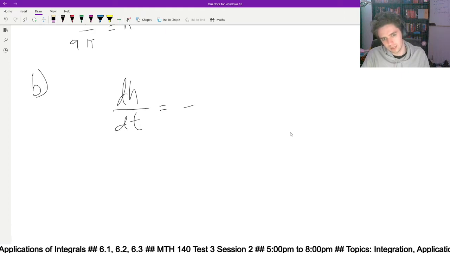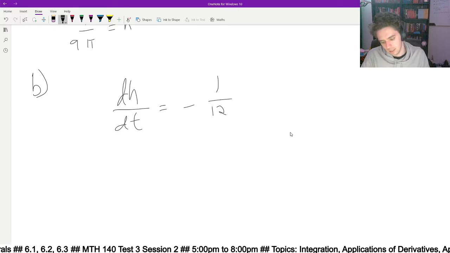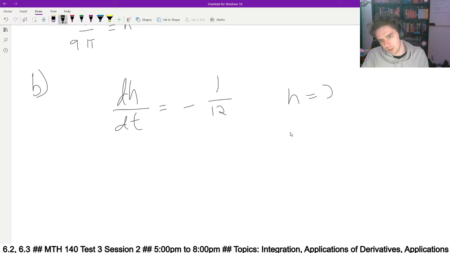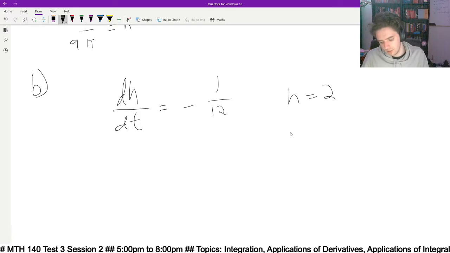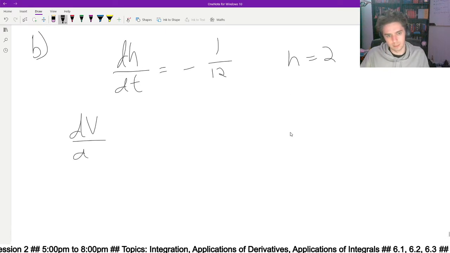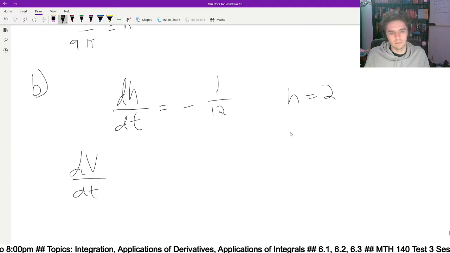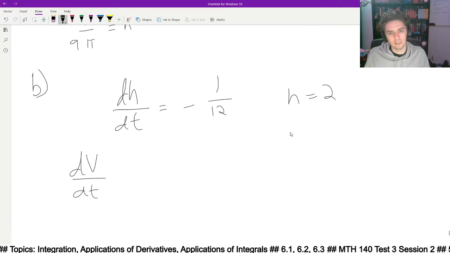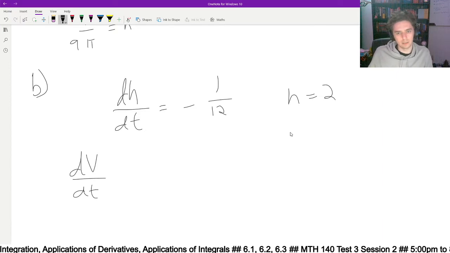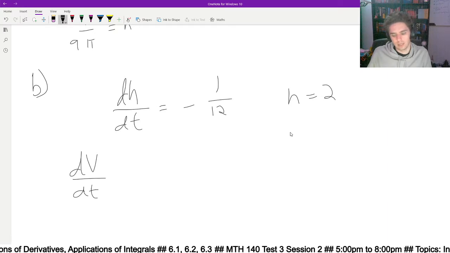Well, now that's negative 1 over 12 feet. When the depth is 2, find the rate at which the volume is being drained, right? So find dV/dt. This is later on, different than the first situation. We're looking for dV/dt. It's being drained. The height is going down by 1/12 when the height is 2.